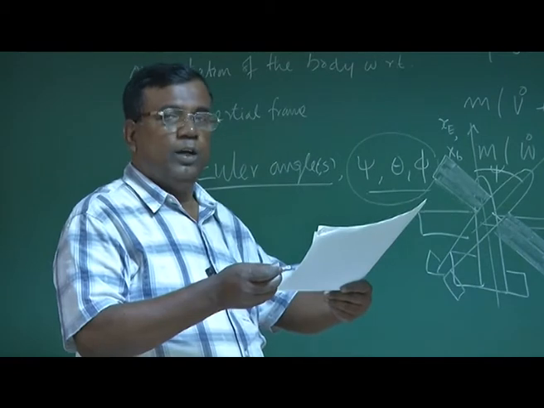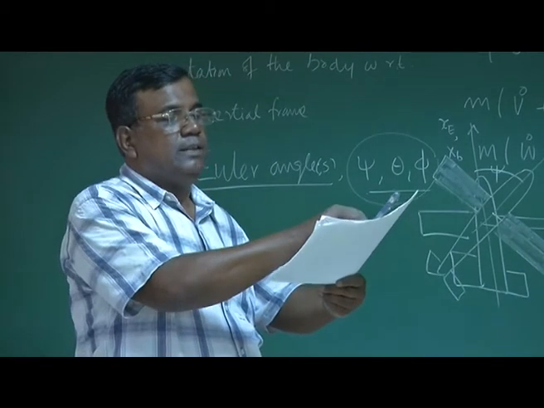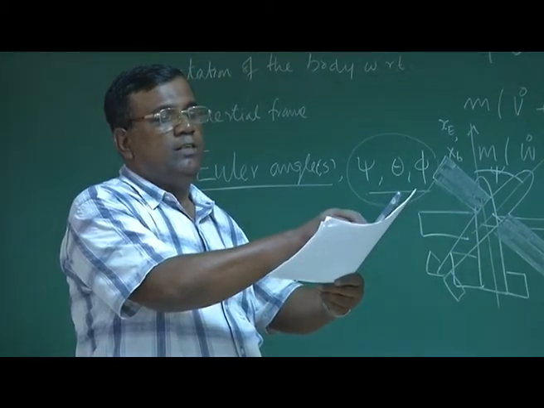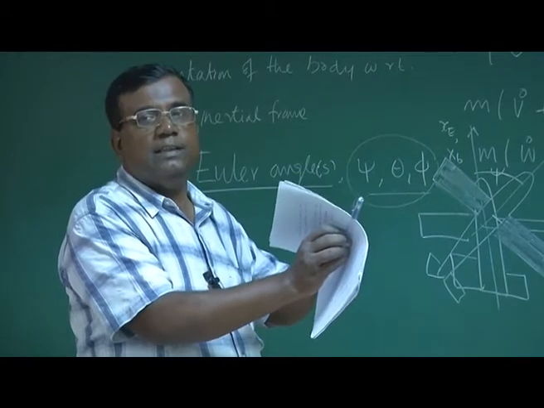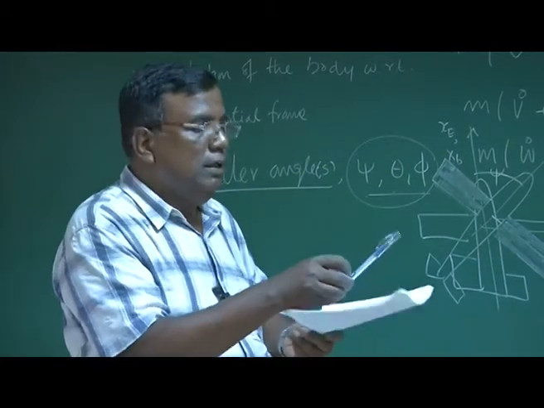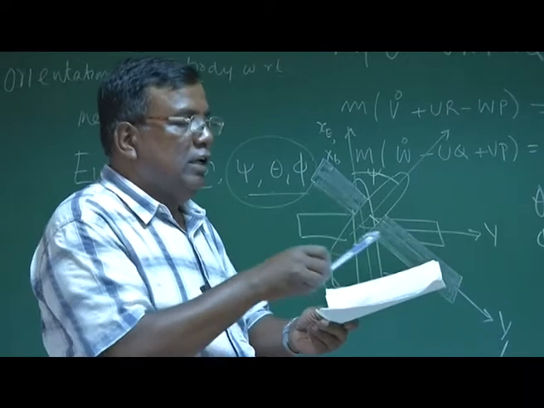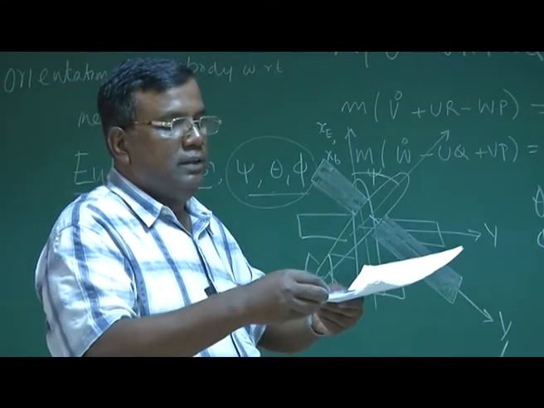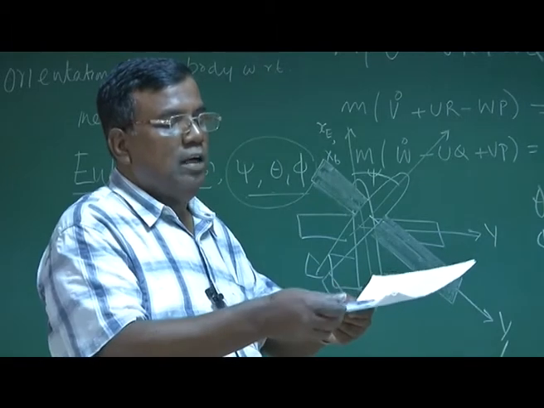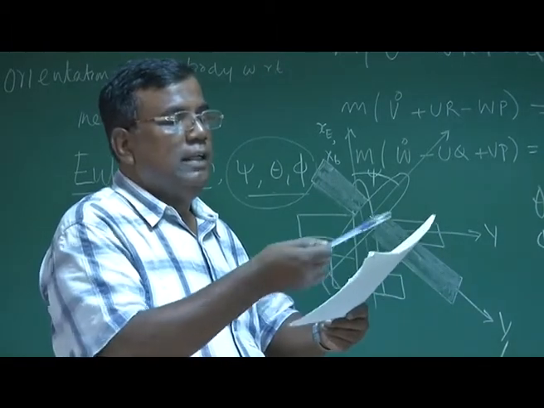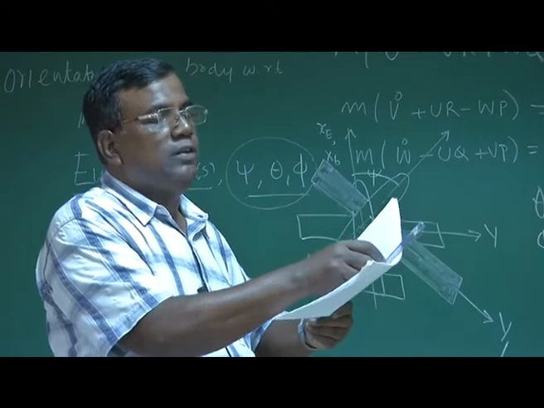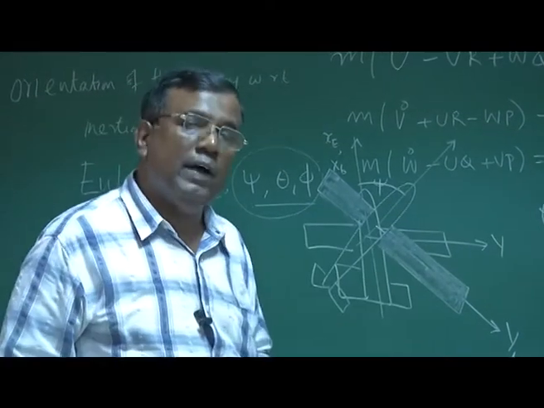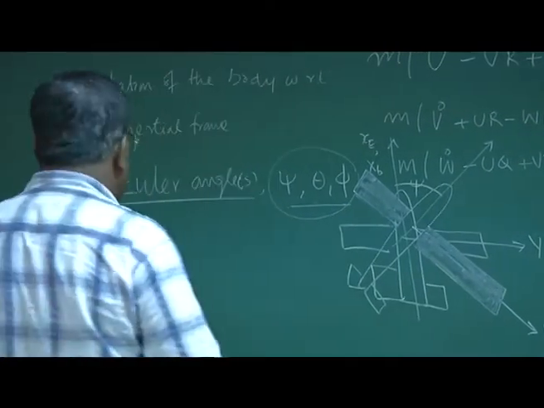Now this is the x body axis, so phi is about this axis. Clear? I repeat again. This is rotation about the z-axis, psi. This is your new y-axis; rotation about the y-axis is theta. And this is the new x-axis, body axis; rotation about x is phi. So this is the order of psi, theta, phi.